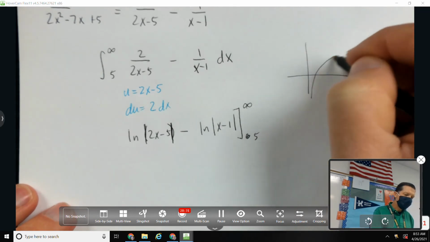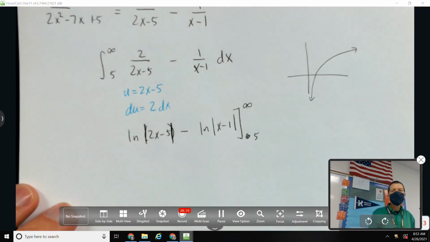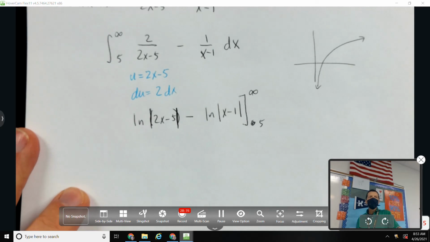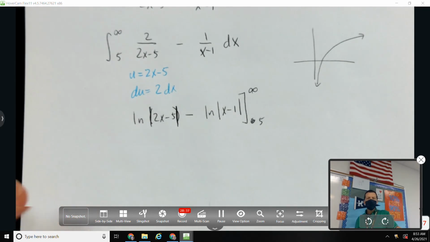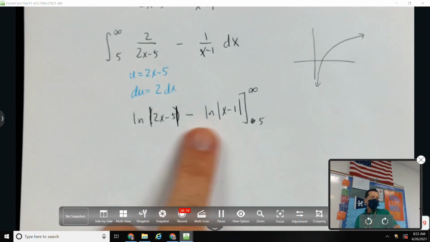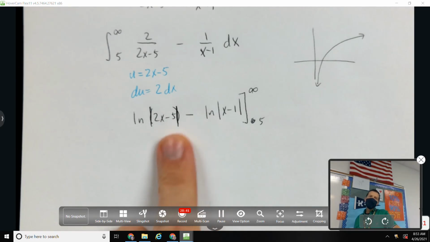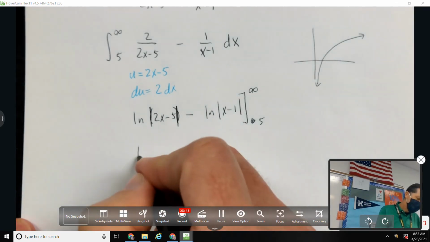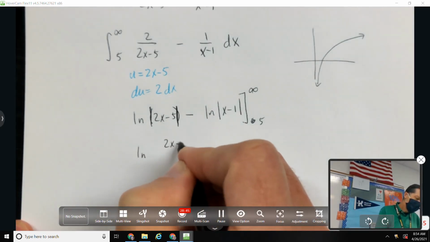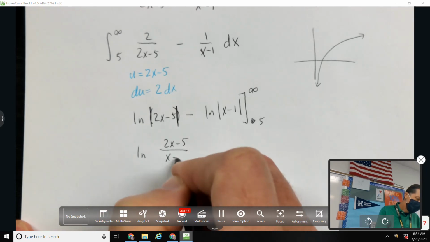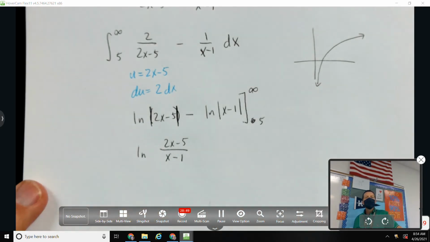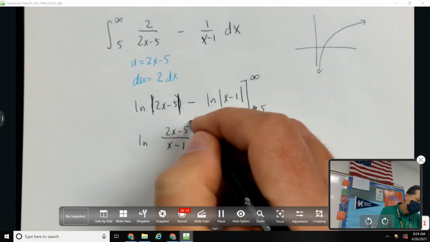The natural log graph looks like that. So it goes to infinity. What about a property of logs? So some algebra.